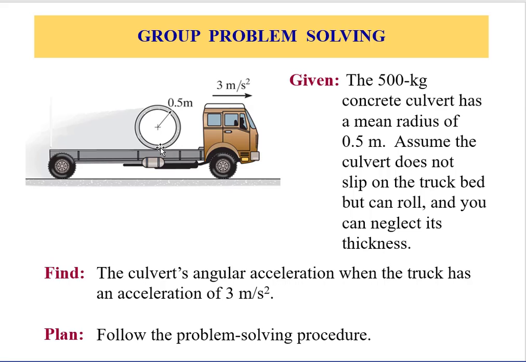There's a contact point between the bed of the truck, and a point just at that contact has a tangential component of 3 meters per second squared, right? And that point might have a normal component, which is going to be equal to omega squared r, if this is rotating, right? If there is omega.